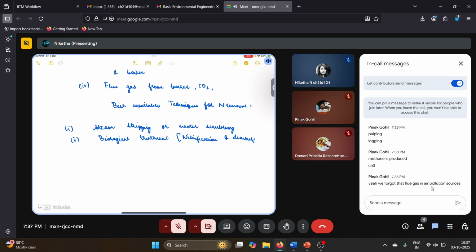So, can you tell me in brief what is nitrification? What happens during this? What do they do? Nitrifying bacteria is right, but what do they do? What actually happens in the nitrification process?